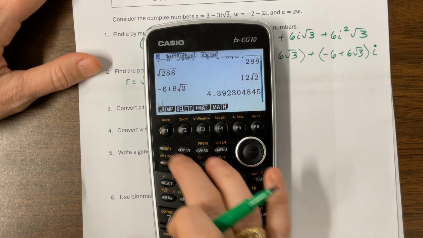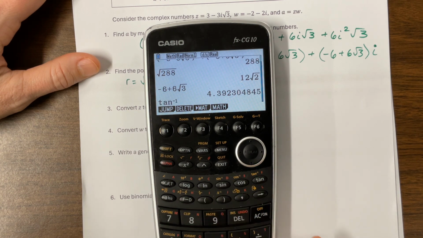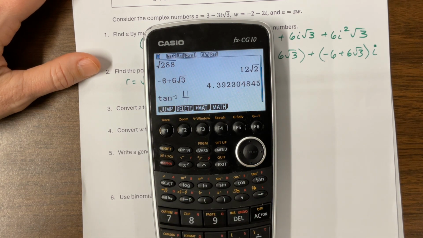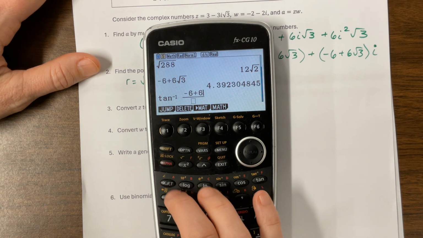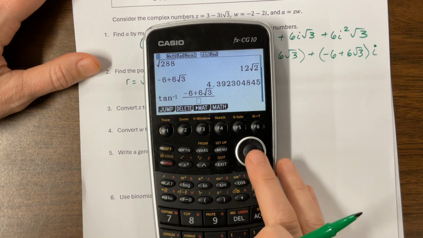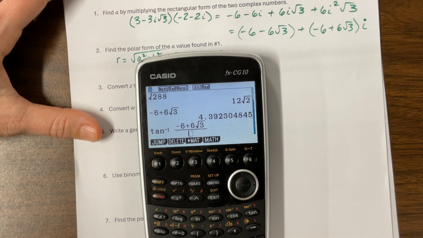Okay, so now I want to do inverse tan of the b value over the a value. So negative 6 plus 6 root 3 over the a value, which was negative 6 minus 6 root 3.